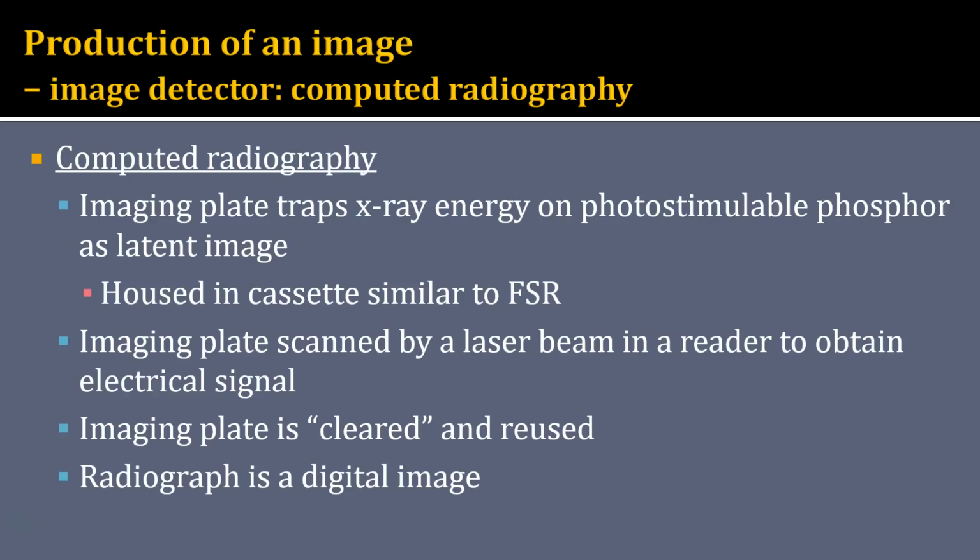That imaging plate is in a cassette, very similar to film screen radiography. Once it's exposed, it is put into a reader that scans it with a laser beam to get an electrical signal, which can then be turned into our digital image. Those imaging plates can be cleared and reused thousands of times.